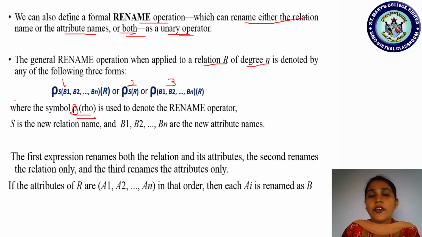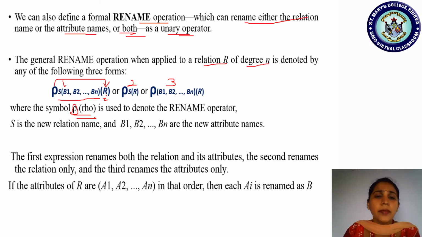Okay, so let us consider the first one, the rho symbol, that is rename. Rename which one? Rename the relation R. R is the old table name or the existing table name. Are you all understanding? R represents what?